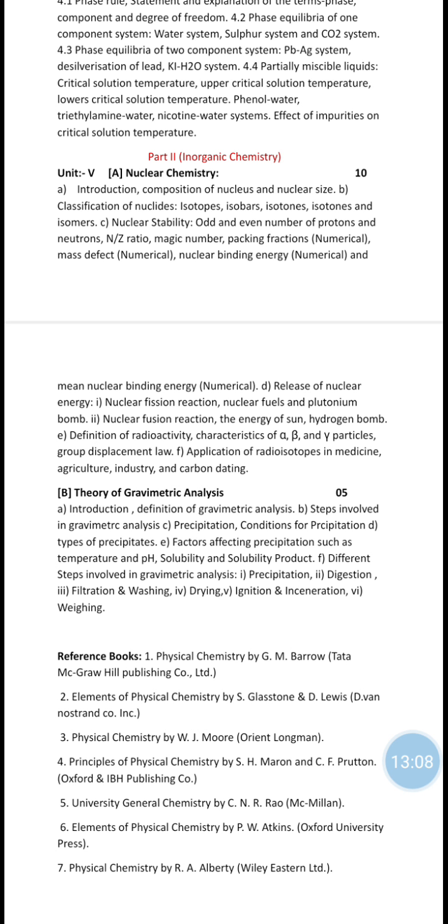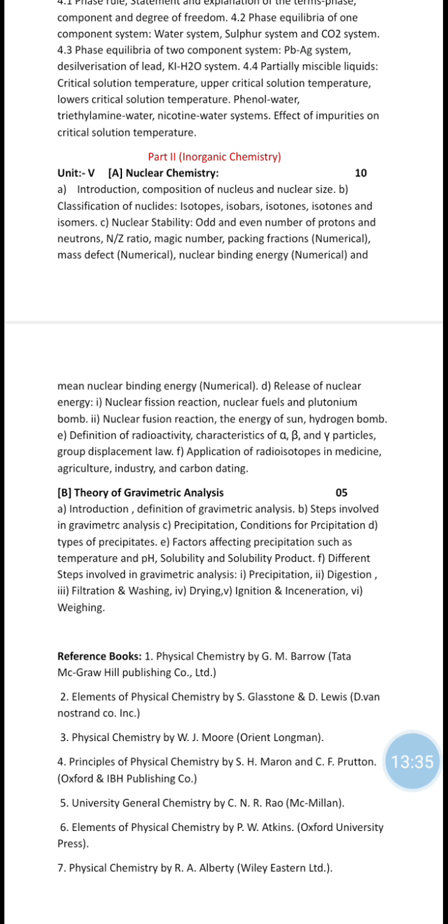What is meant by nuclear chemistry? Then what is the composition of nucleus and nuclear size? Then we will see different nuclides and their classification, and these are isotopes, isobars, isotones, and isomers.